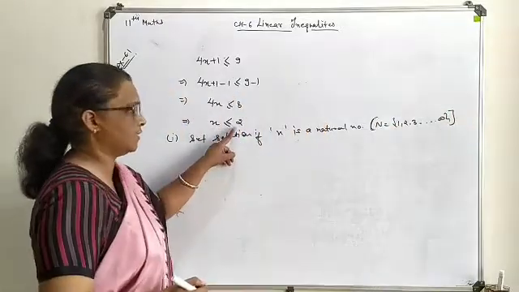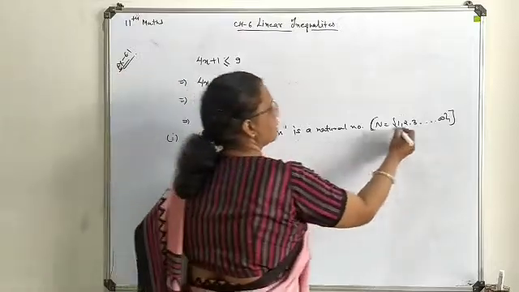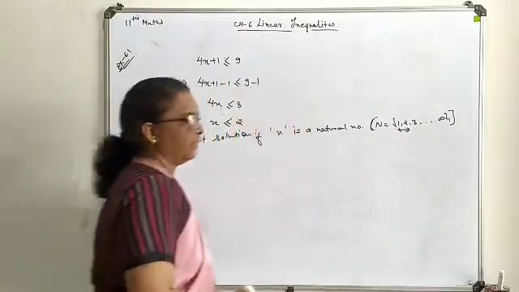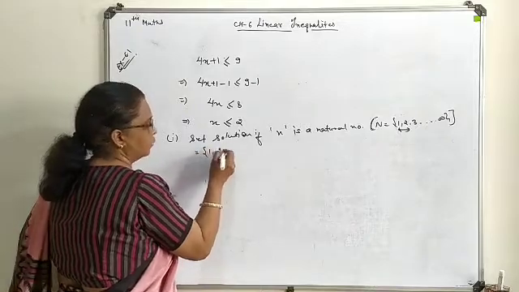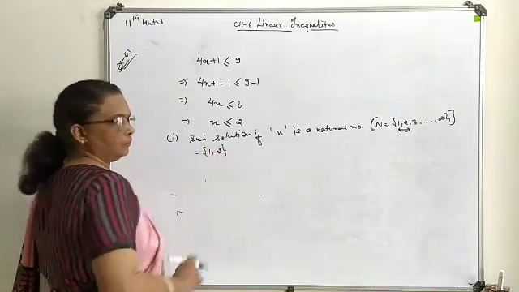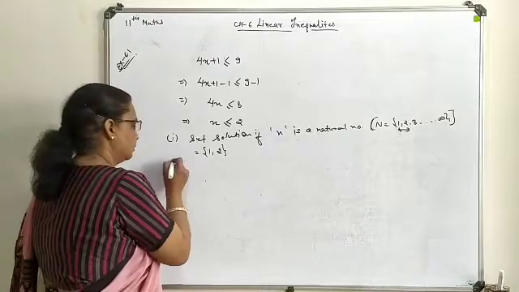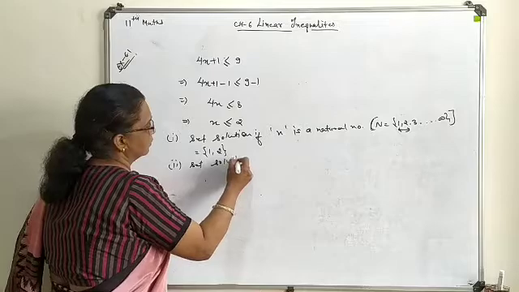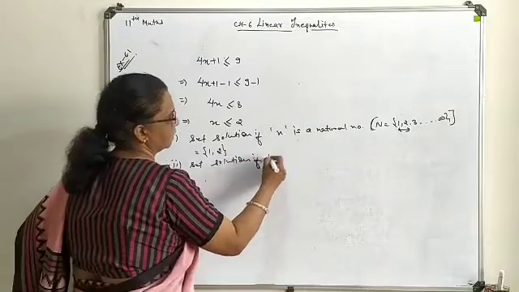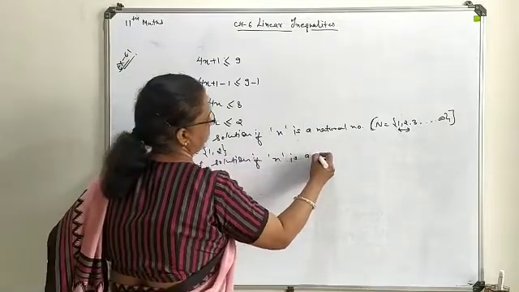So x is less than or equal to 2. That means these two elements you will include in the final answer form. So the set solution you will have as 1 and 2. Second, set solution if x is a real number.